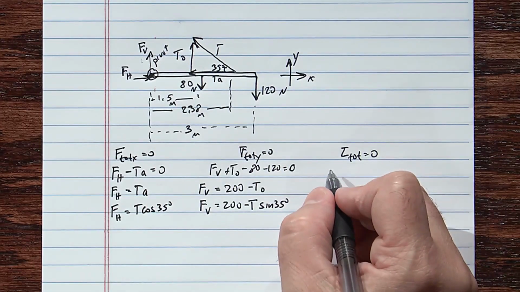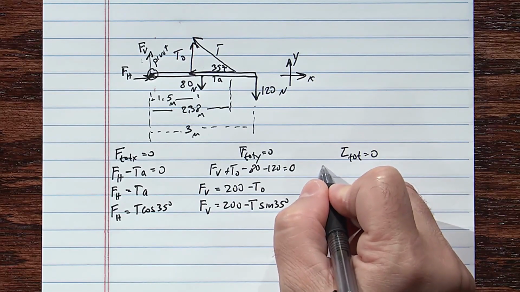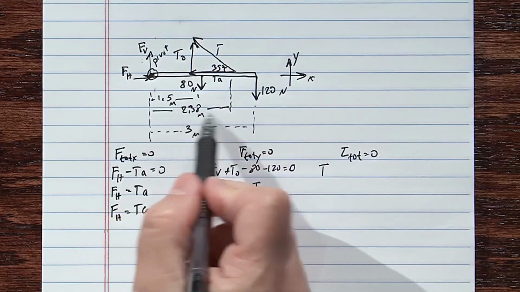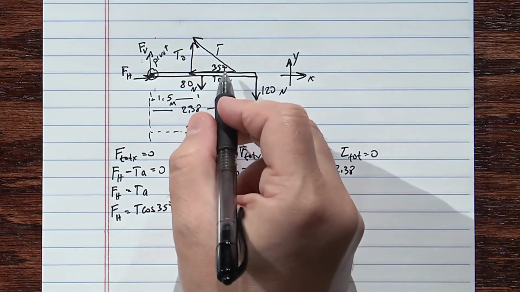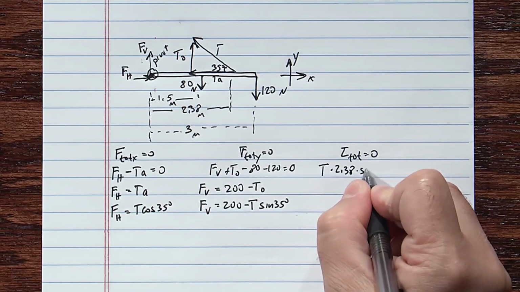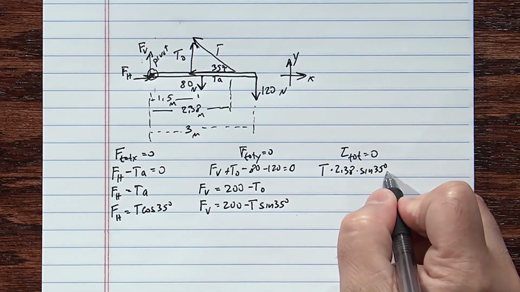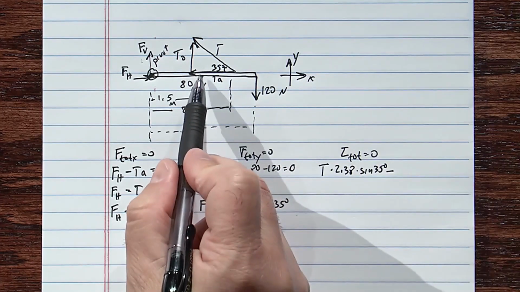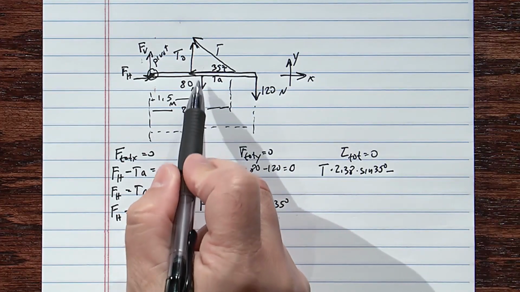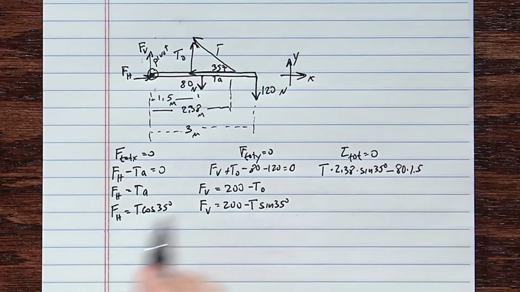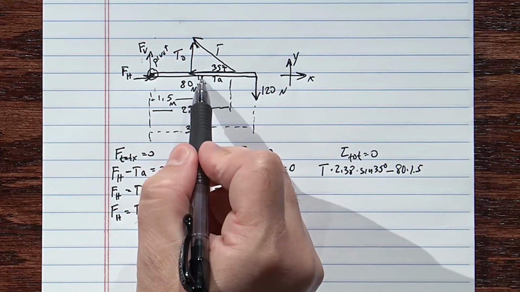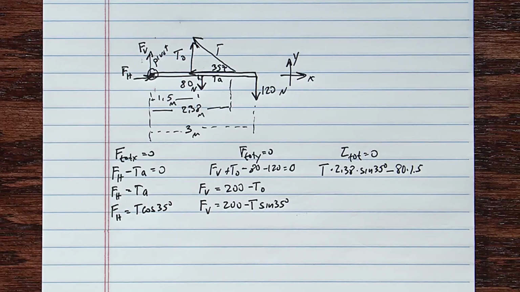So that would be tension times 2.38 meters times sine of 35 degrees, minus 80 newtons times 1.5 meters times the sine of the angle between 80 newtons and the distance in the line leading directly to the pivot, which would be 90 degrees, and sine of 90 degrees is 1.